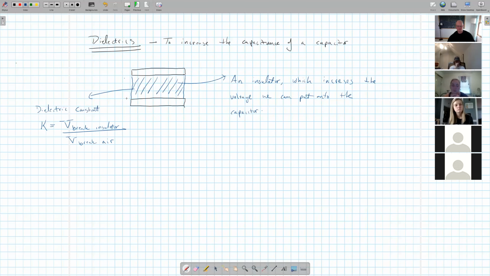Okay. Now, why does this work? Well, let's think about our insulators. We talked about insulators before, and the fact that if I put some charge near it, I polarize the dielectric.